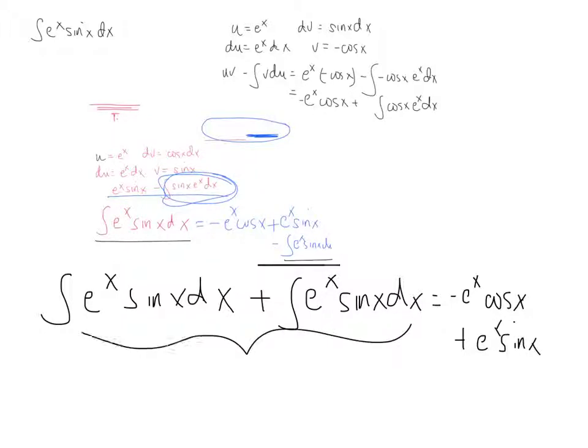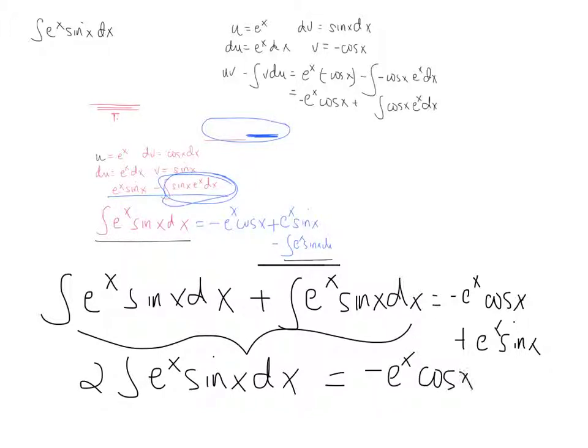But these two combine simply as 2 times the integral of e to the x sine x dx, equal to negative e to the x cosine x plus e to the x sine x.